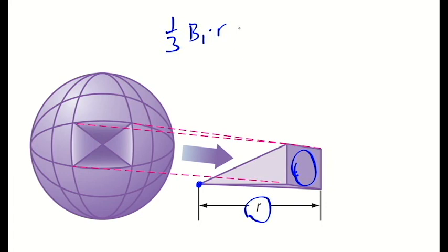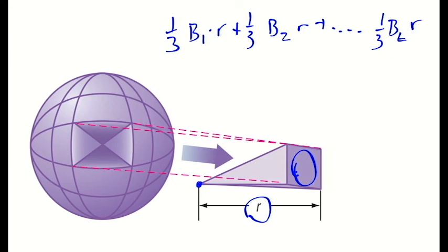And we would do that for as many of those pyramids as you need. So we look here, we've got base 2 times the same radius, and we would keep going until we had the last base, that's an L down there for last, times 1/3 the last base times the radius.